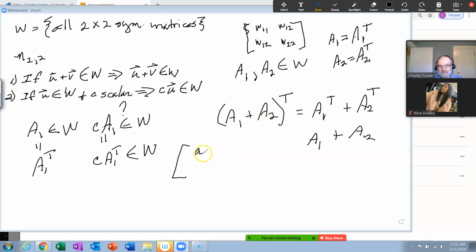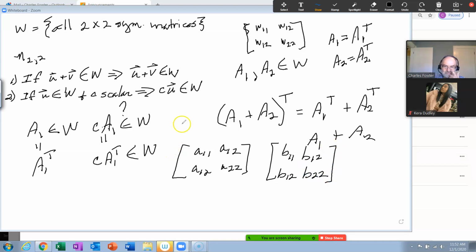So this would be little a 1 1, little a 1 2, but because it's symmetric, that would have to be 1 2 here and little a 2 2. And for A2 we're going to use the b's, B1 1, B1 2, and then because it's symmetric, this has a B1 2 again, and B2 2. That doesn't have to be the same.